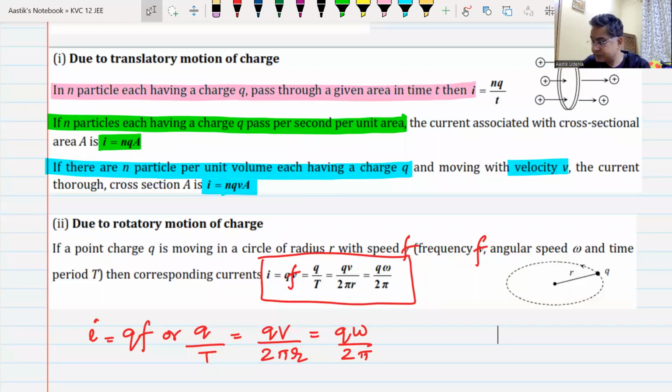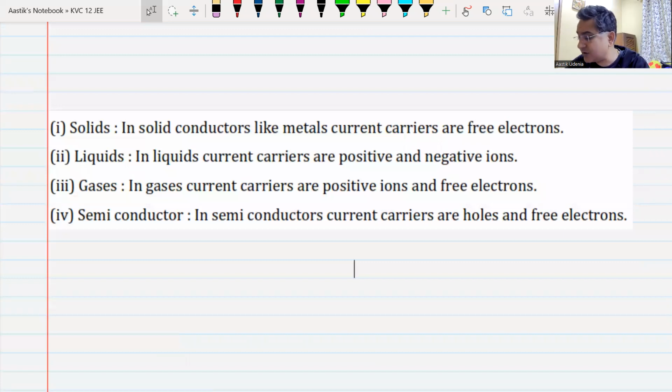We have done up till this point. Now we can understand who is going to carry charge in different types of bodies. I am just giving you a glimpse so you understand who carries charge in what type of bodies. Go through it quickly and note it down as briefly as possible. In solids, basically metals, current carriers are free electrons.